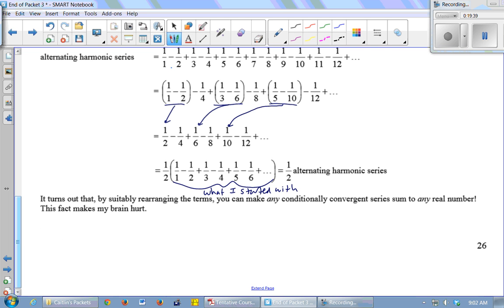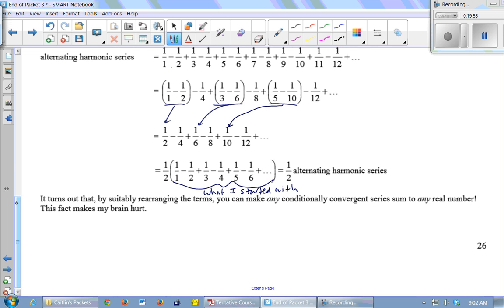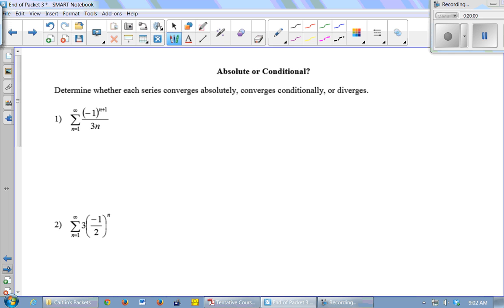And it turns out that by suitably rearranging the terms, you can make any conditionally convergent series sum to any real number. This bothers me. You can make it add up to any real number you want.